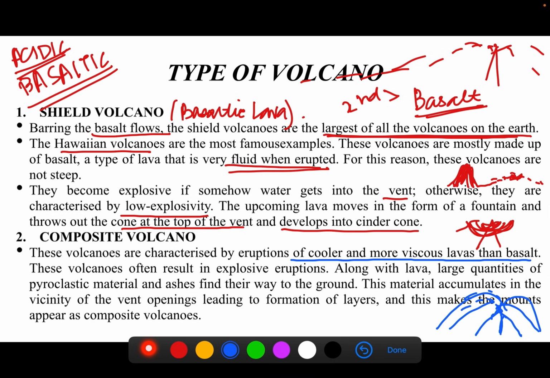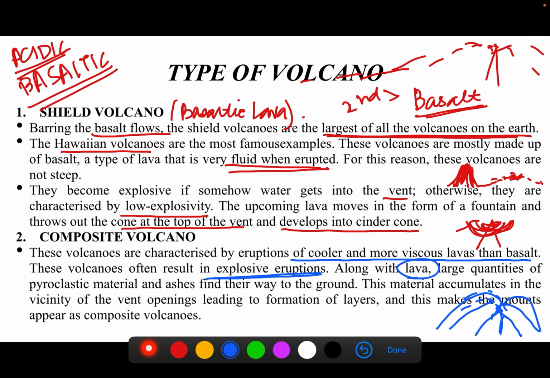These volcanoes often result in explosive eruptions. We have seen that shield volcanoes are less explosive, apart from the case where water goes into the vent. However, composite volcanoes are more explosive in nature. Along with lava, large quantities of pyroclastic material and ashes find their way out to the ground.